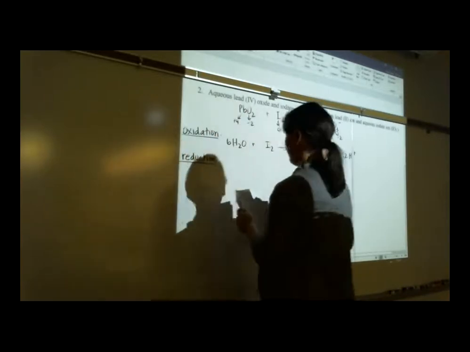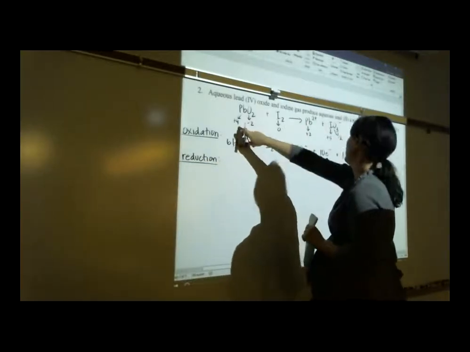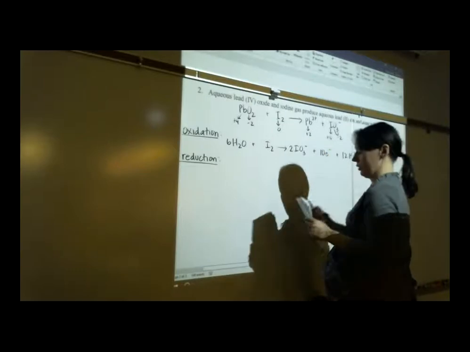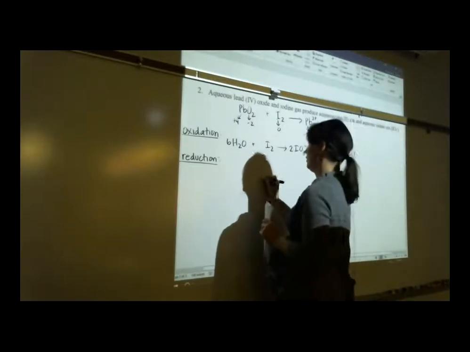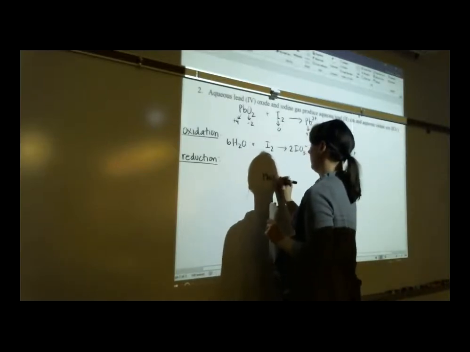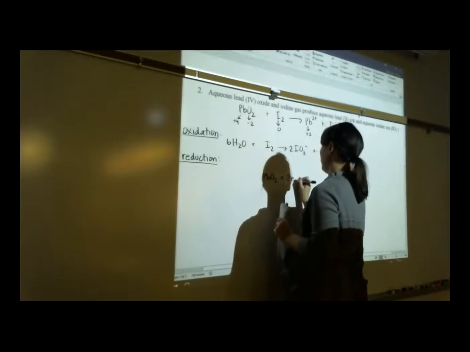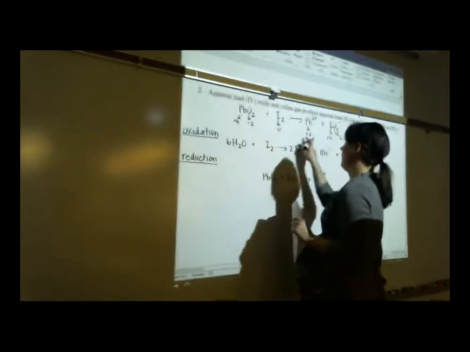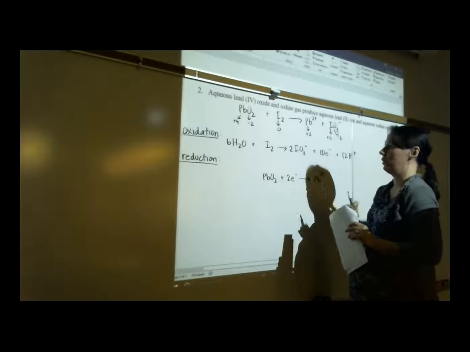All right, so what's happening here? I'm going from +4 to +2. So that's a gain of 2 electrons, right? So PbO2 plus 2e- gives me Pb2+, right? Because this was +4, this is +2, therefore I gain 2 electrons.